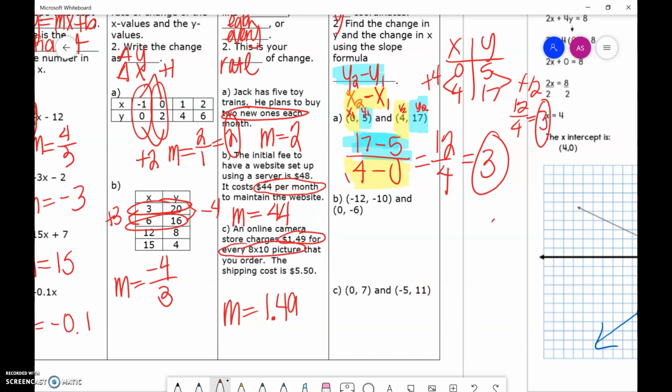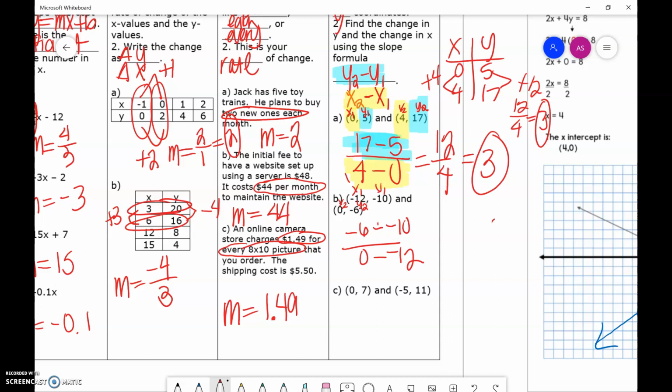All right, so here I got 0, 1. So this is x1, y1. This is x2, y2. So in my formula, I'm going to have -6 minus -10. So we have to be careful there. Then I'm going to have 0 minus -12. If you're thinking, hey, this looks weird, yes it does, because remember we have to do our keep, change, flip for these.